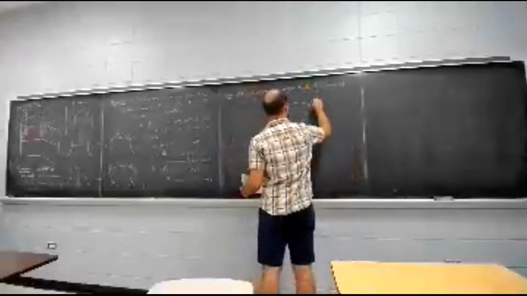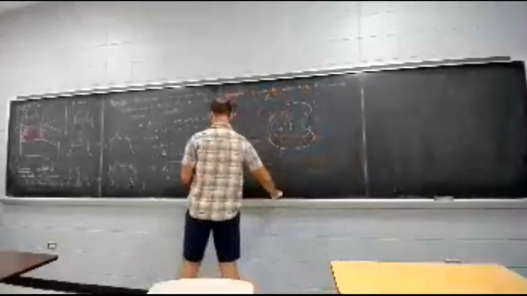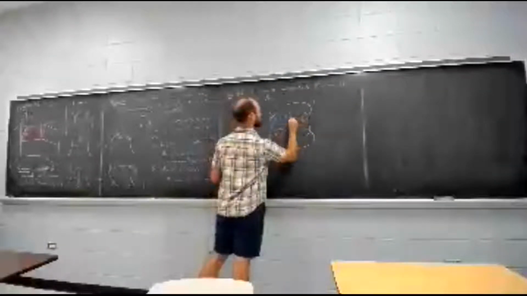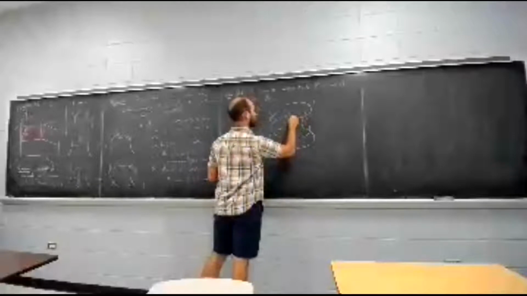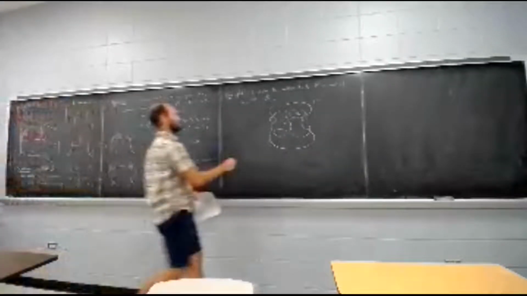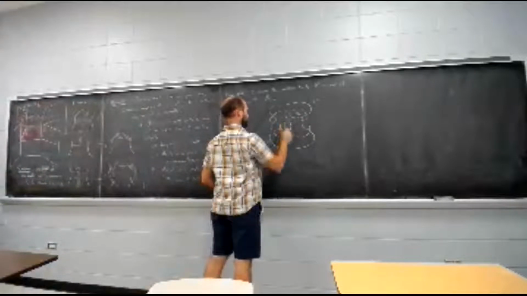So this is what we were calling L minus. And then we have, oh, I can get my colors right here. This is going to be second band. These are going to be first band.